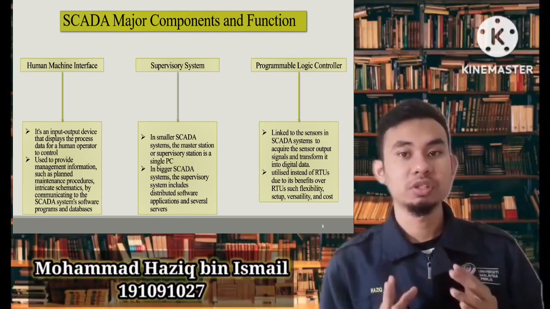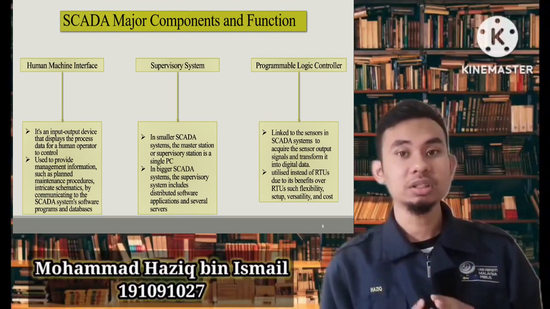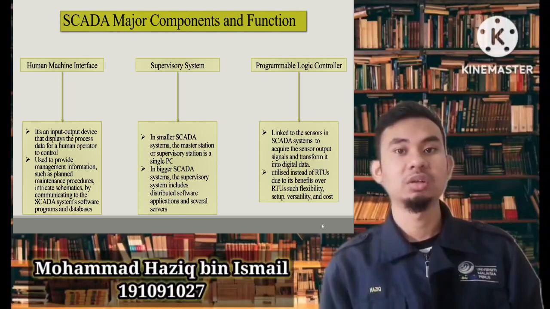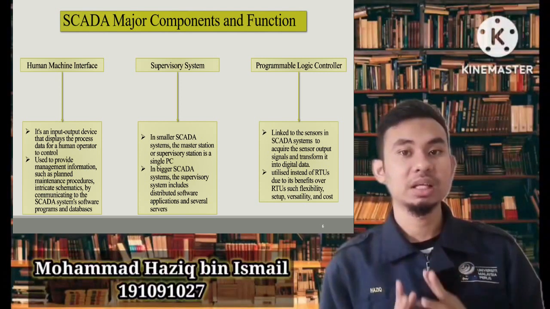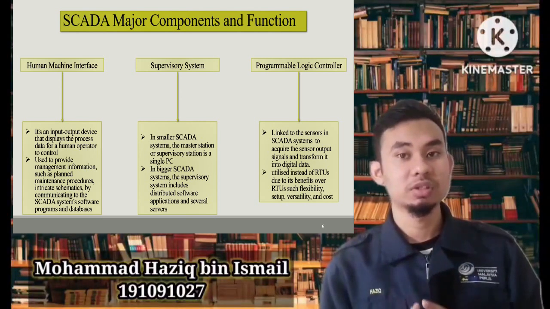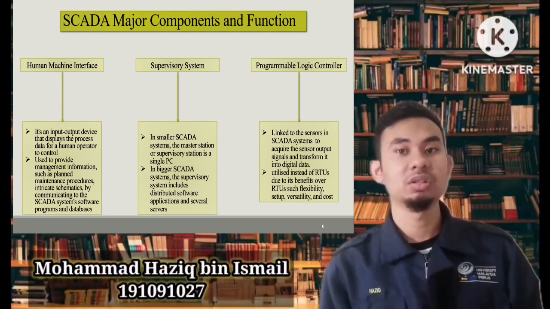Next is supervisory system. In smaller SCADA systems, the master station or supervisory station only requires a single PC, but in bigger SCADA systems, the supervisory system includes distributed software applications, disaster recovery locations, and also several servers.